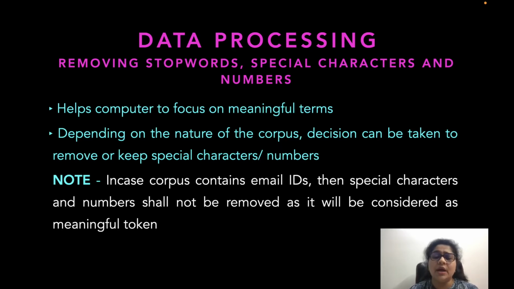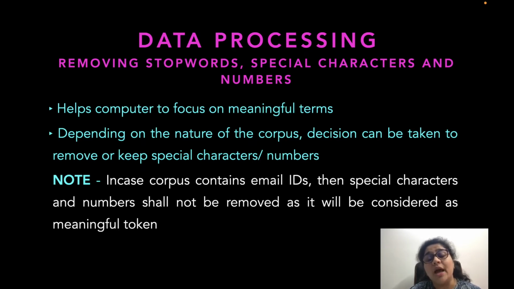Another thing is, depending on the nature of the corpus, a decision can be taken to remove or keep certain special characters. The point here is, there is no blind rule that whatever special character or number is coming in the corpus, I just go ahead and blindly remove it. No, we don't do that. What we do is see the nature of the corpus and the significance of that particular special character or number in the corpus.